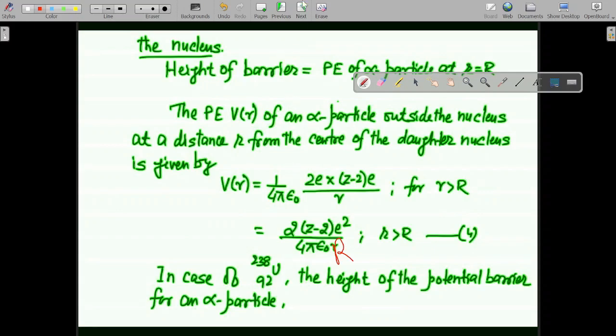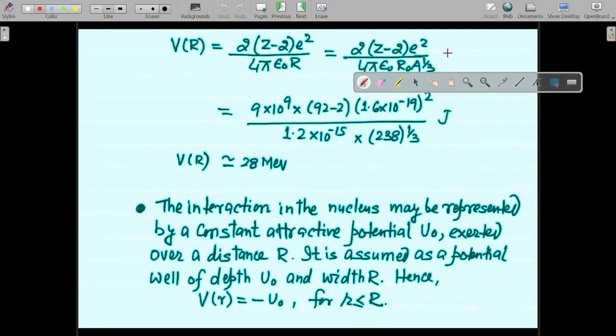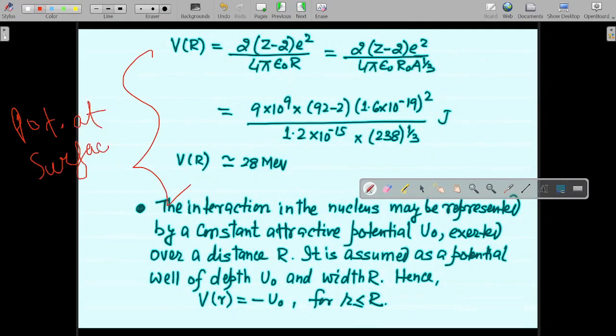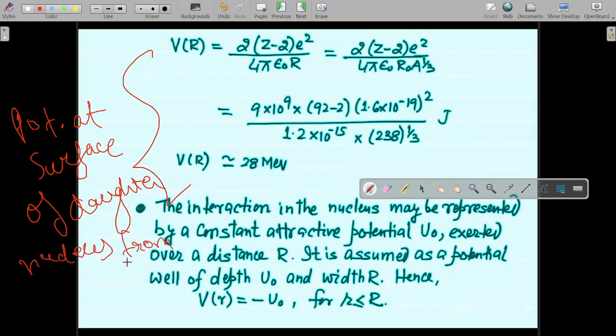So this is the potential at the surface of the daughter nucleus from the alpha decay of uranium 92-238.